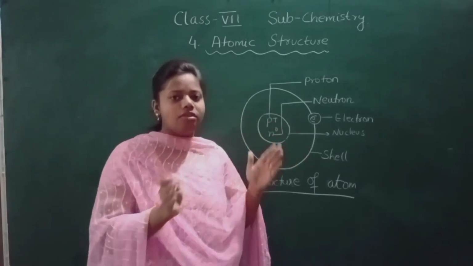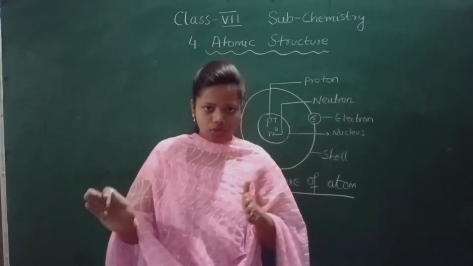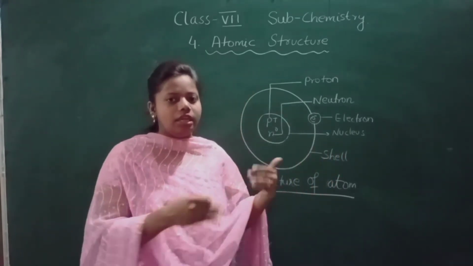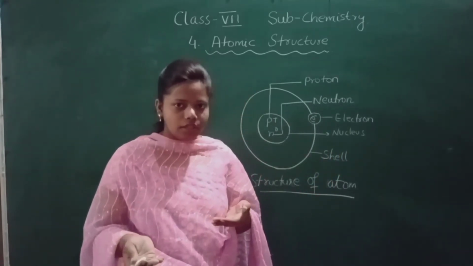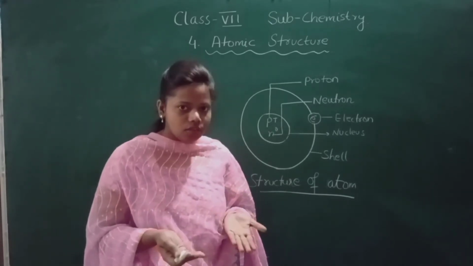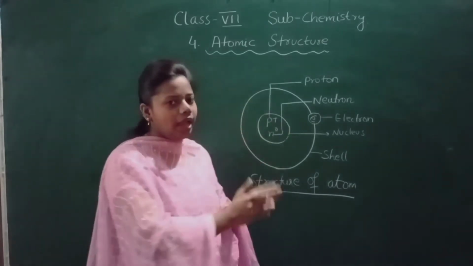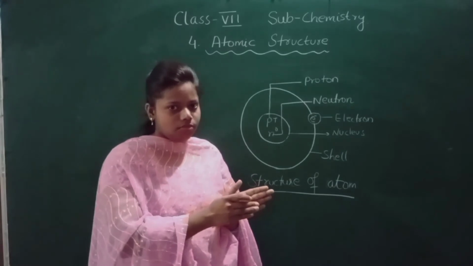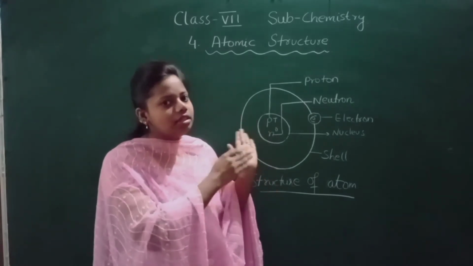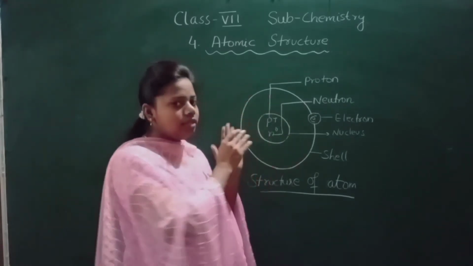No. Have I represented any atom with a sign, whether negative charge or positive charge? No. Why is it so? What is the total charge of the atom? Particles have their own charge, but atom as a whole has which charge?